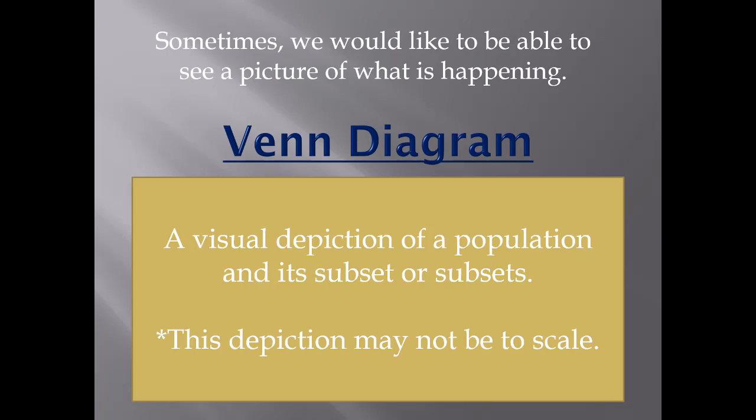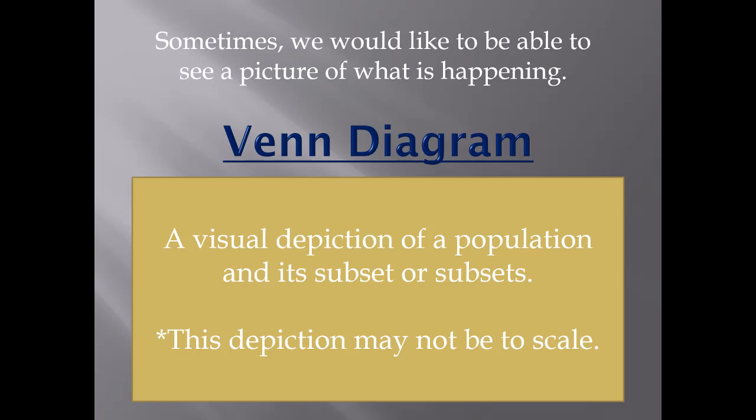The size of that figure doesn't necessarily relate to the size of the subset. So we might draw all of our figures the same size, but some of those subsets might be larger or smaller than others. So the size of the figure you draw is not relative to the size of the sample. Bigger figures don't mean bigger samples.